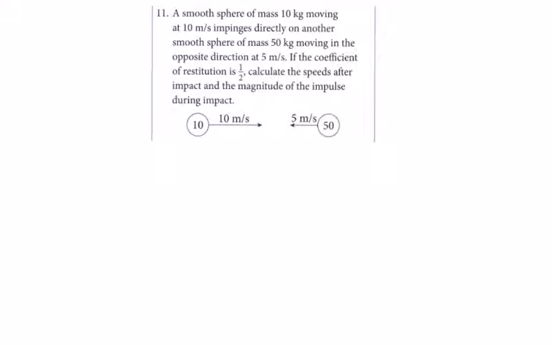Question 11: we have a smooth sphere of mass 10, moving at 10, impinging directly on another smooth sphere of mass 50, moving in the opposite direction at a speed of 5. So we have our masses of 10 and 50.